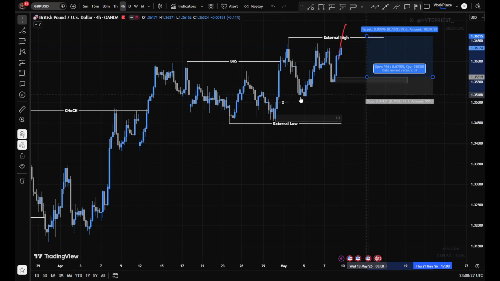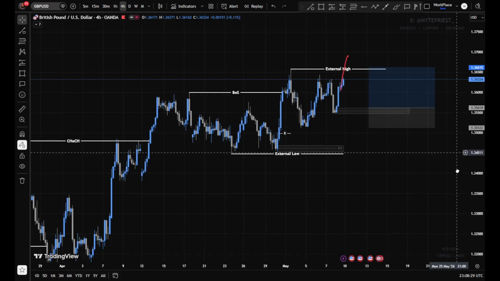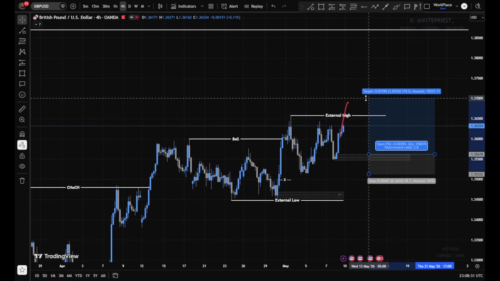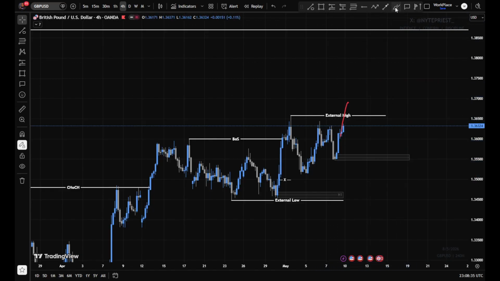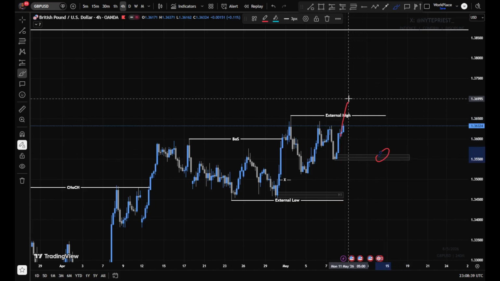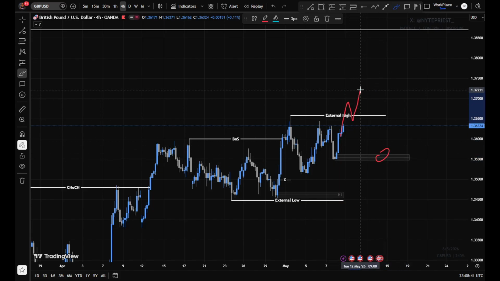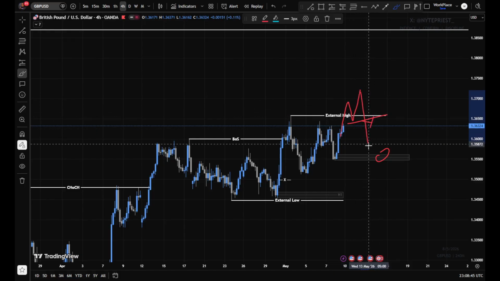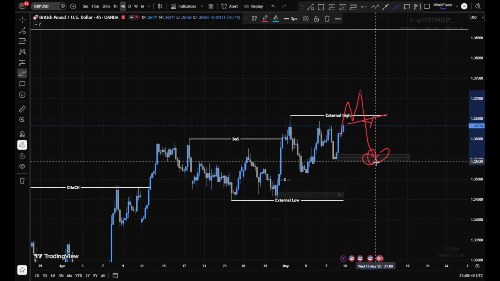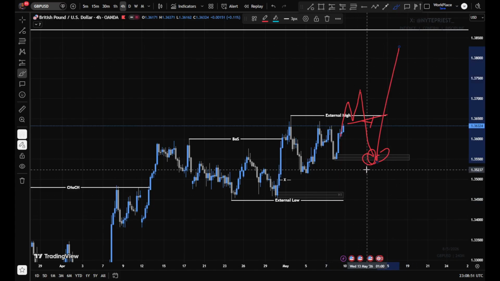So this will be my trade idea for next week. I'll buy on this zone only if price gives me a pullback, the break for this to be a liquidity. Liquidate that, and then I'll buy it.